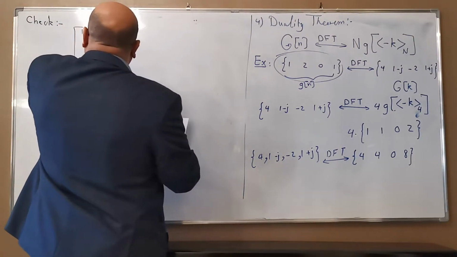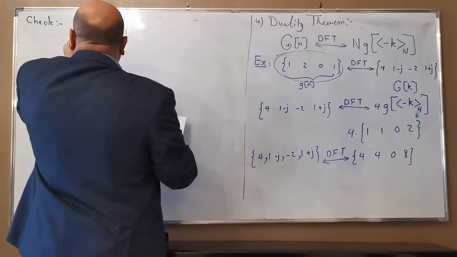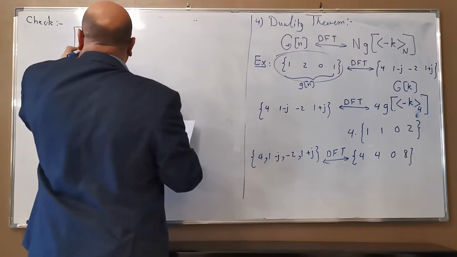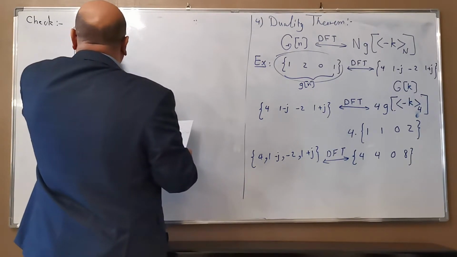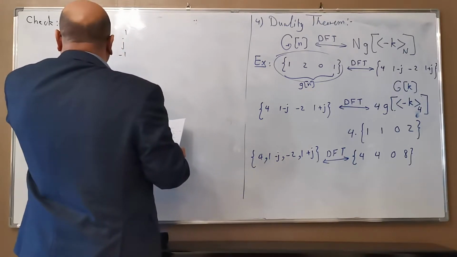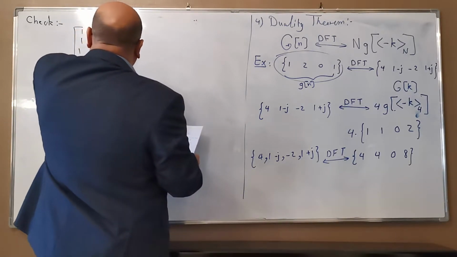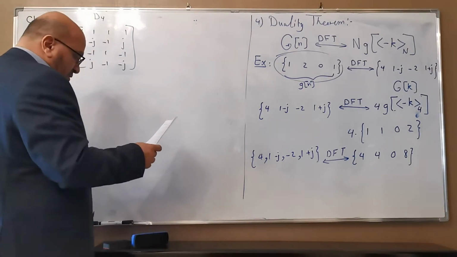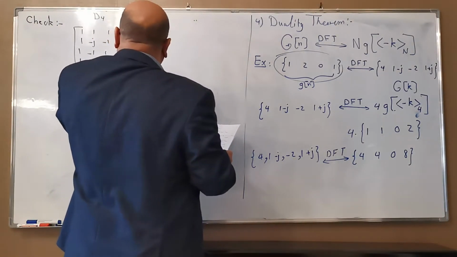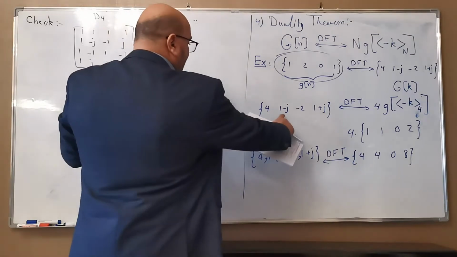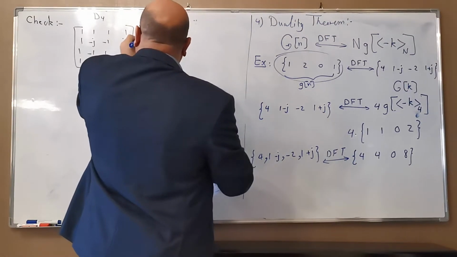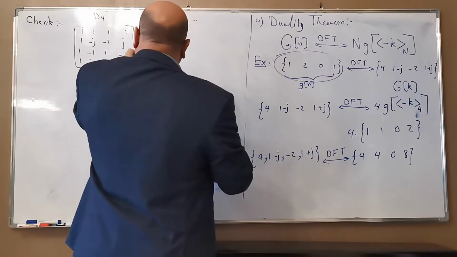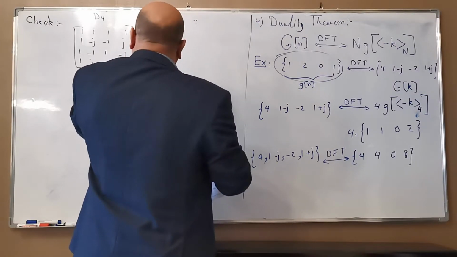multiplication. 1, 1, 1, and 1; 1, minus j, minus 1, j; 1, minus 1, 1, minus 1; 1, j, minus 1, minus j. This is D4, so this is our D4, and we will multiply this by our x, which is 4, 1 minus j, minus 2, 1 plus j.